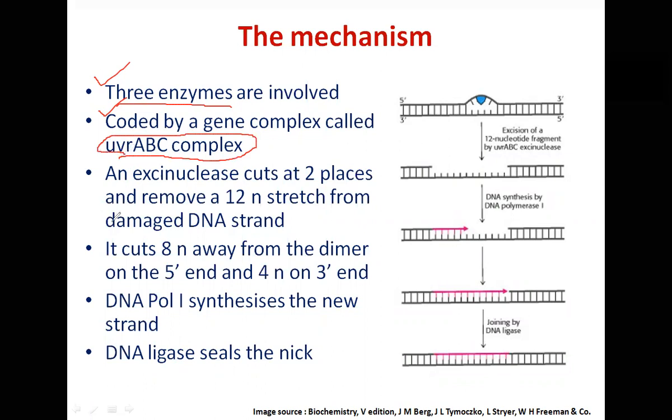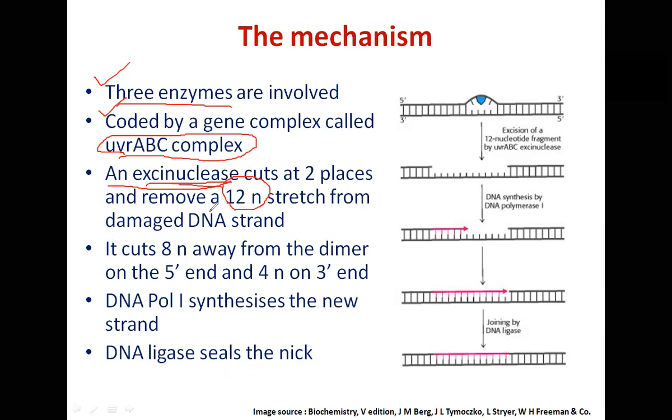And one of the enzymes which is quite unique is an excinuclease. This enzyme is responsible for cutting the DNA at two places, and that is how it removes a 12 nucleotide long stretch at the site of thymine dimer formation.